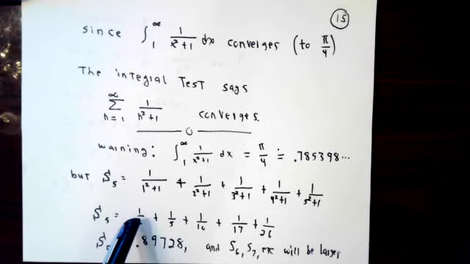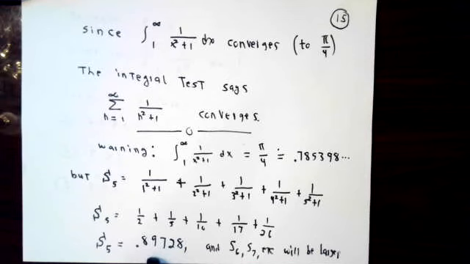This works out to be 1/2 plus 1/5 plus 1/10 plus 1/17 plus 1/26. I put those numbers into my calculator to 5 significant figures. S5 is 0.89728. And since I'm adding positive terms, all subsequent partial sums will be even bigger than that.